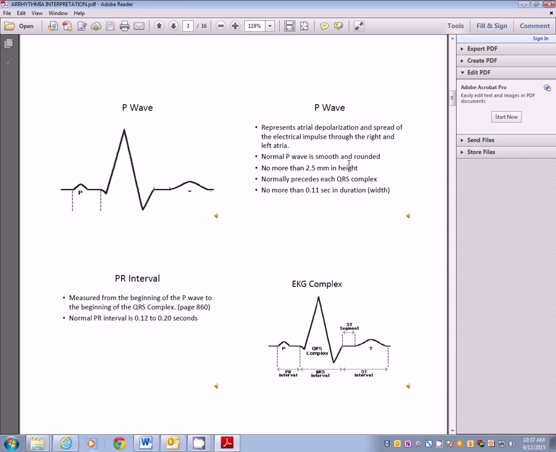The normal P wave is very smooth and rounded, no more than 2.5 millimeters in height, which we usually don't measure unless it's very pronounced. It's normally preceded before every QRS complex in a normal, healthy individual, and is no more than 0.11 seconds in duration or width.